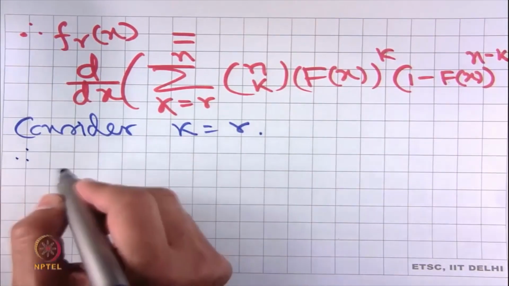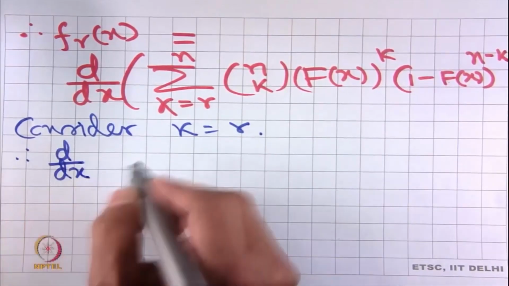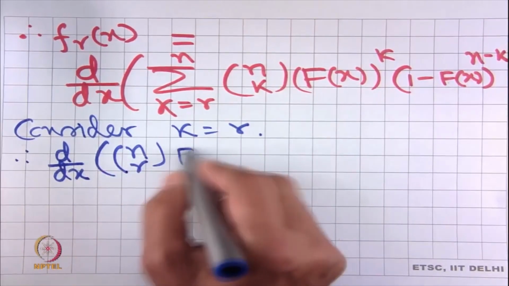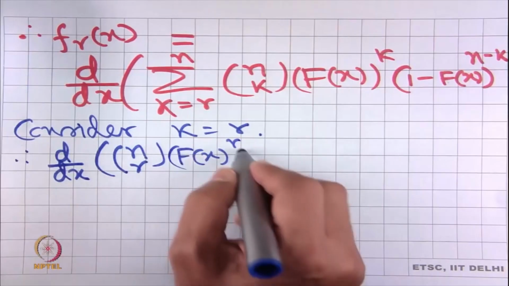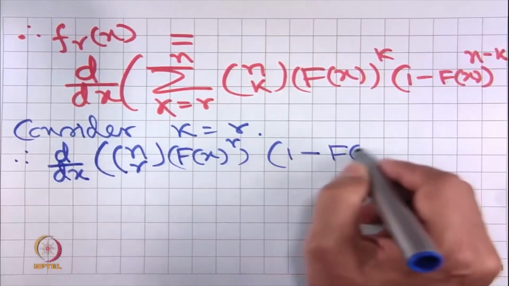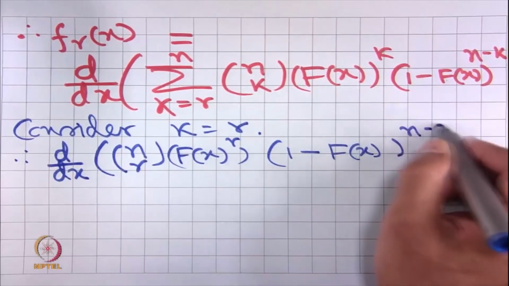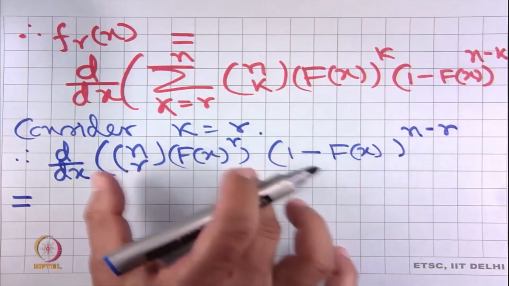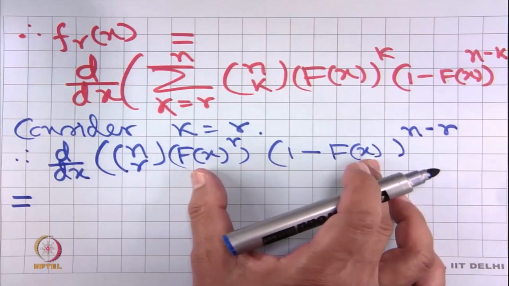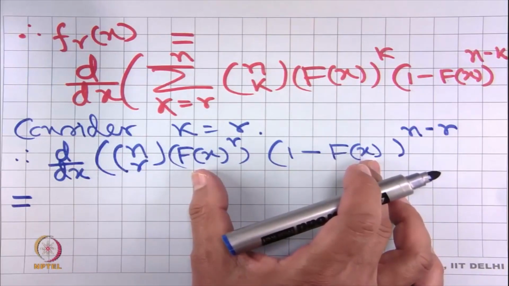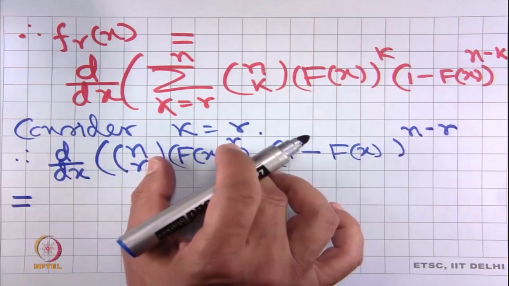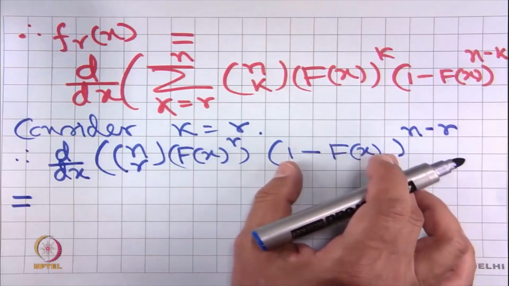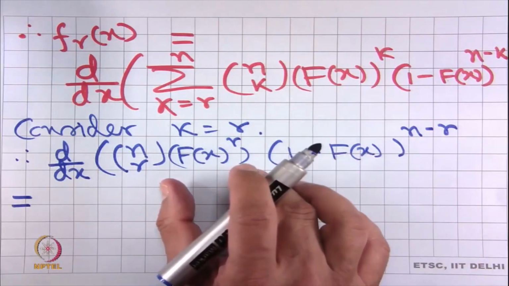Therefore, we are looking at d/dx of nCr F(x) to the power r and (1 minus F(x)) whole to the power n minus r. It is a product of two terms, so we have to look at the derivative of the first function multiplied by the second function plus the derivative of the second function multiplied by the first function.